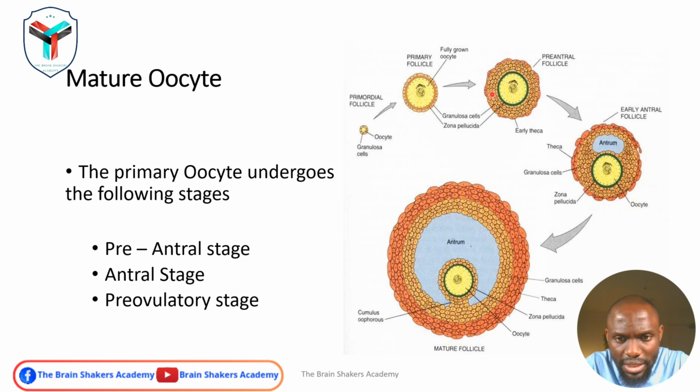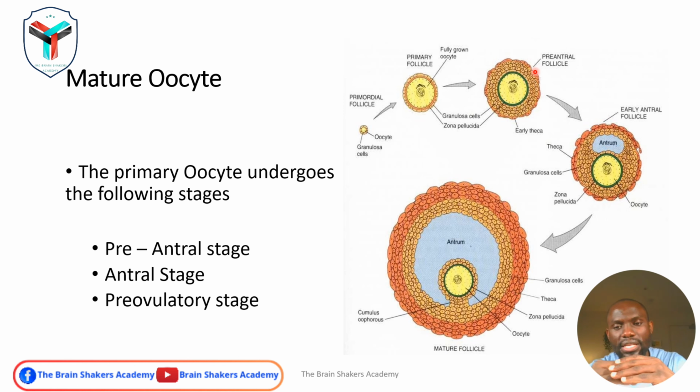If you look at this particular cell here, you'll find this yellow part, and just after the yellow part you have a green line, which is the zona pellucida. Around the zona pellucida, you have what we refer to as the granulosa cells. The granulosa cells are just a group of cuboidal cells put in layers, which is why it is referred to as a stratified cuboidal epithelium.